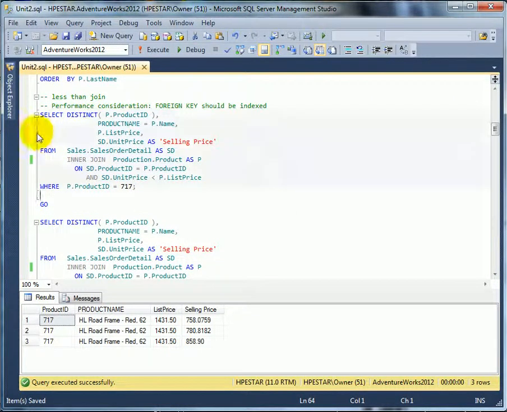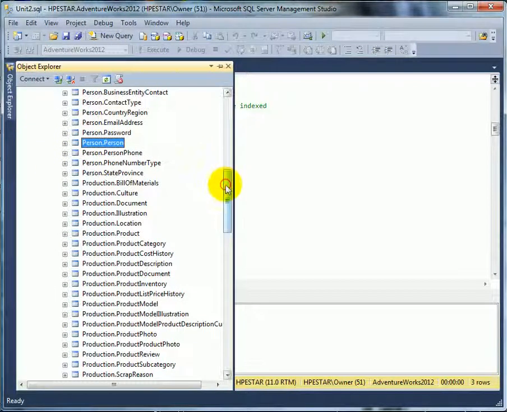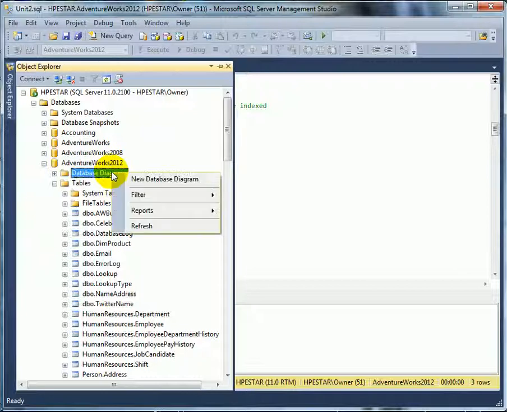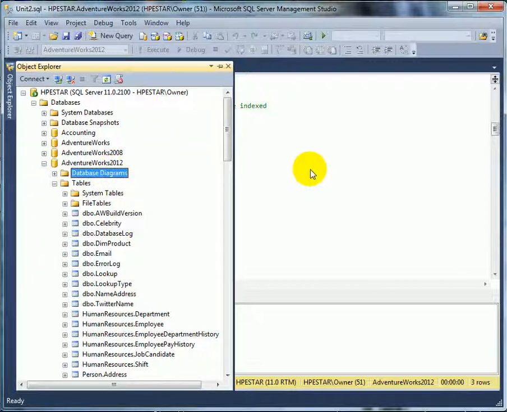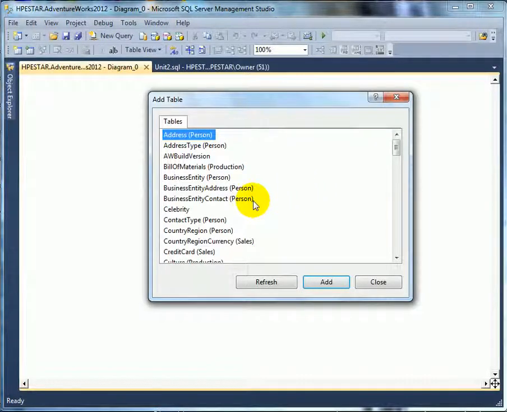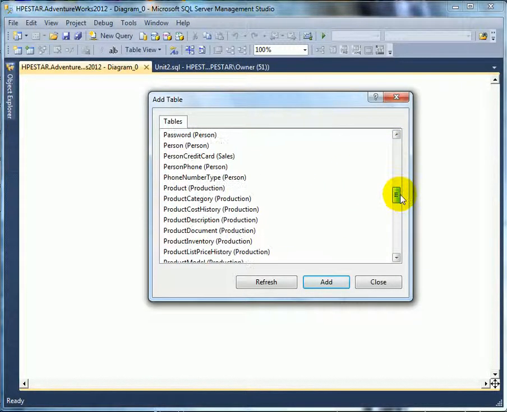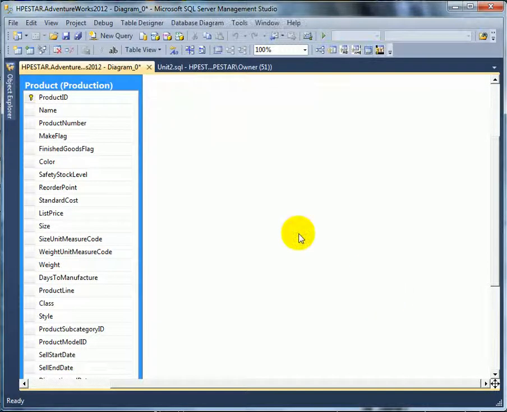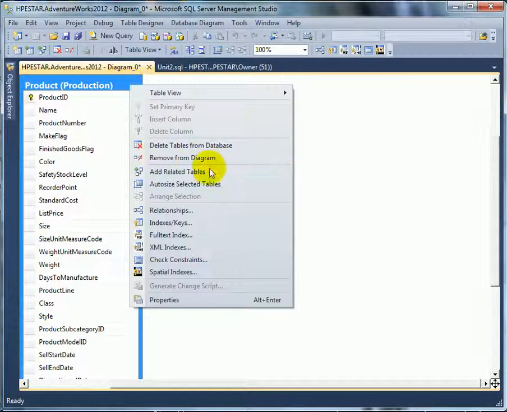So, let's look at the chart around production.product. So, new diagram. And we are going to select production.product table, and pull in all the related tables.